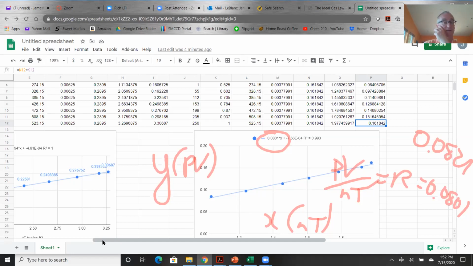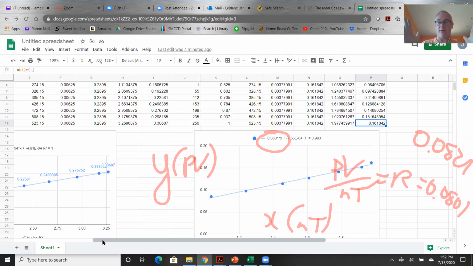That's the whole point: since R is supposed to relate all the pressures and all the volumes and all the amounts of moles and all the temperatures, it shouldn't matter what value you choose. The only thing that matters when you're doing this is that when you're varying temperature and seeing its effect on volume, don't change the pressure and don't change the amount.